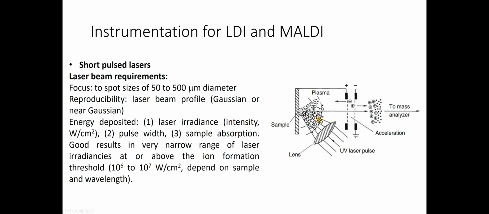The energy deposit can be determined by three factors: laser irradiance, pulse width, and sample absorption. The solid sample layer absorbs energy from the laser pulse, causing evaporation and eventually ionization of the sample. This whole process is generally operated at ambient temperature.